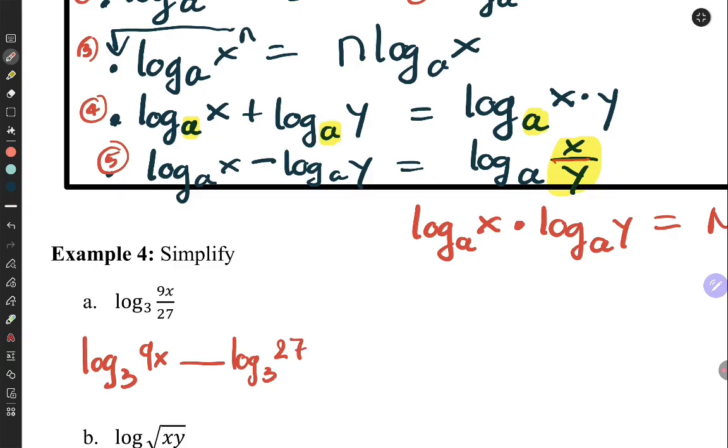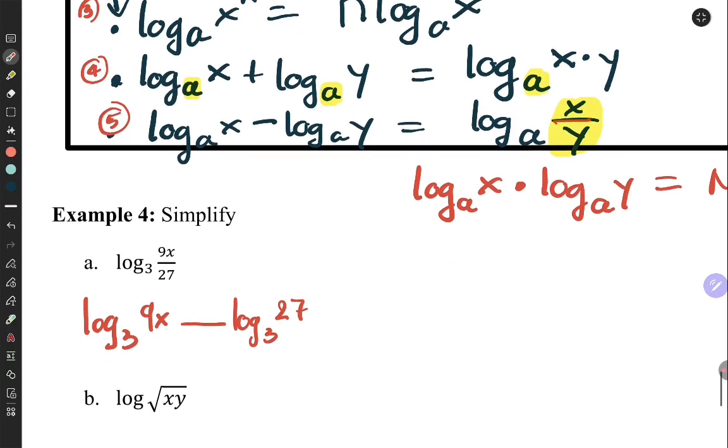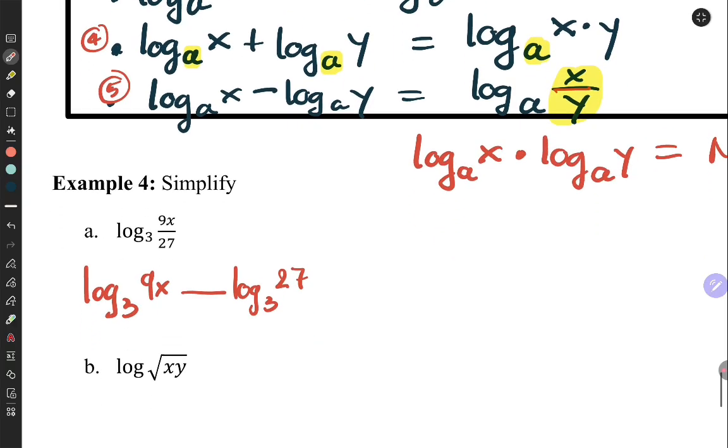What else can I do with this? Evaluate the value of them. Look at this one, we can calculate this, we can do something with it. But this one is 9 times x. We're going to use that formula.